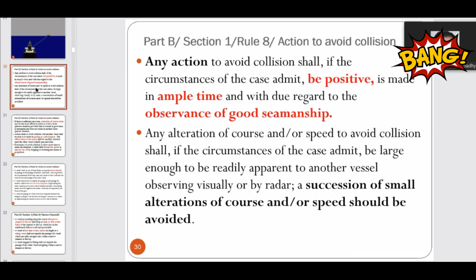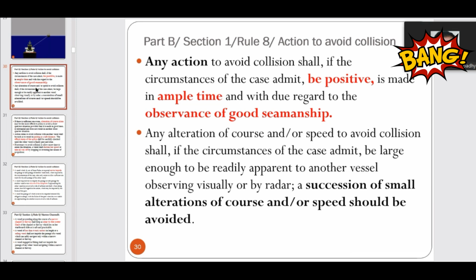So according to these rules, when you are taking action, this has to be kept in mind. The gist of the story is in this paragraph. This rule says that whenever you take any action to avoid any collision, you have to ensure that the action must be positive, made in ample time, and with due regard to the observance of good seamanship.